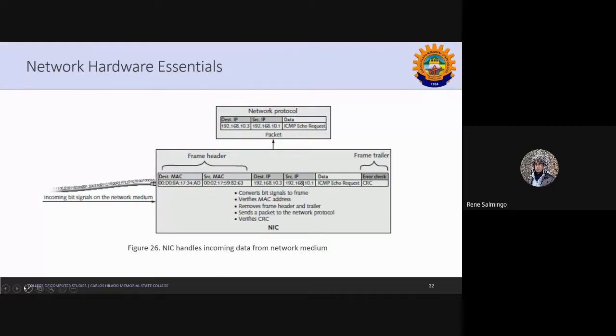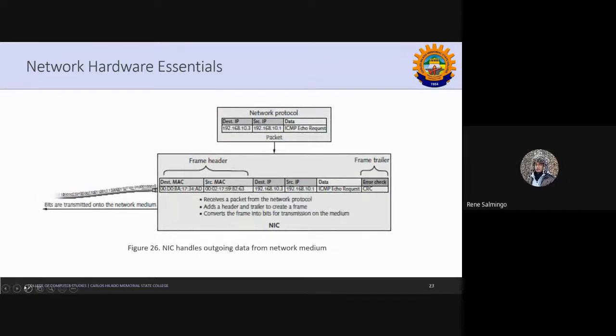And for the next slide, you have the outgoing. So this is your outgoing data to the network medium. You have another bit of information converted into hexadecimal values, and you have this as your destination MAC address. And now you have this as your frame header.